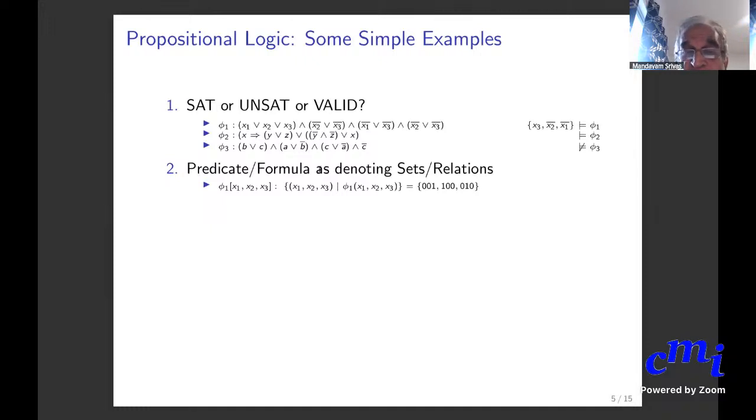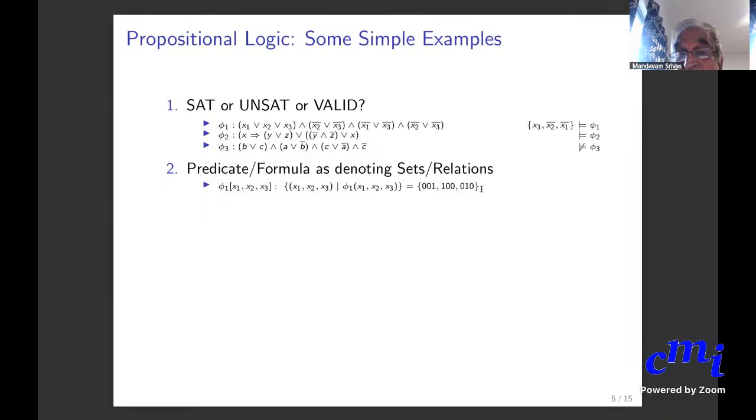It can also be considered to denote a set, here a set of triples, where every element of the set is exactly a triple that makes the formula, in this case phi 1, true. For example, the predicate phi 1 is true for these three.